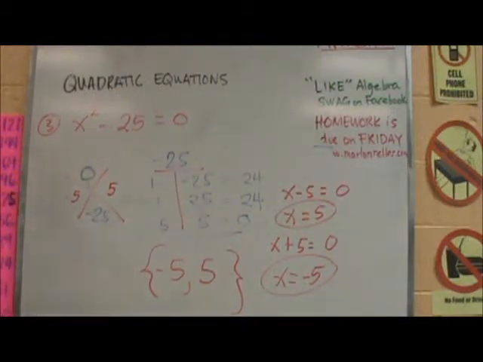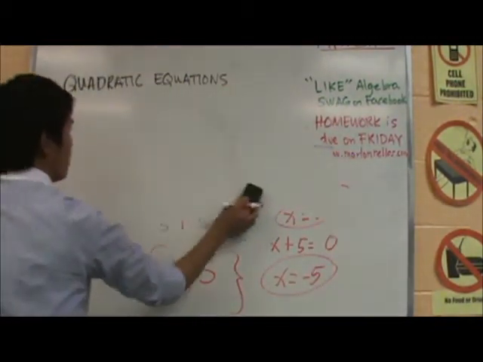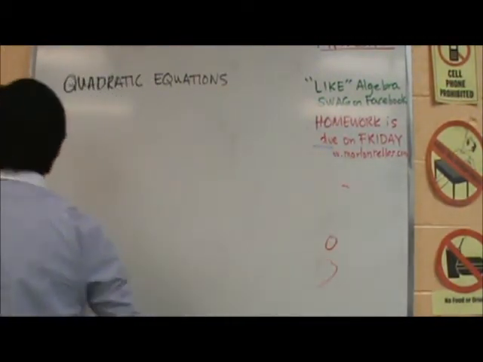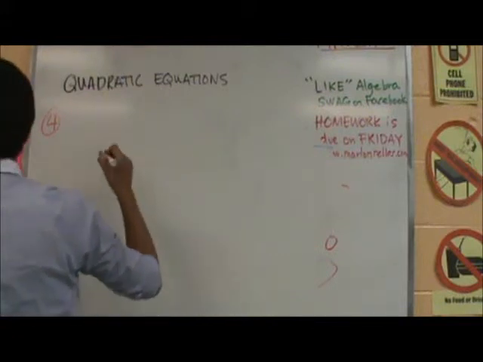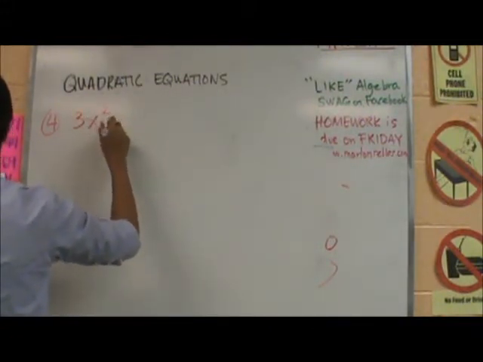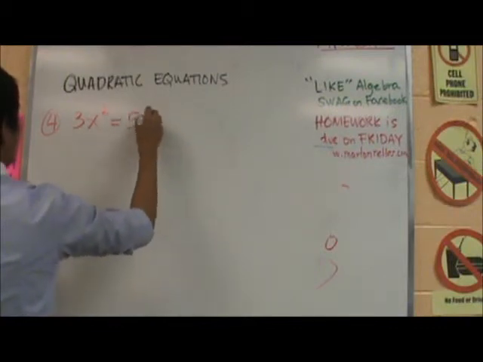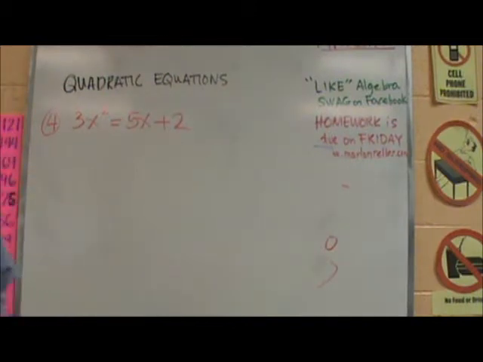Now, how about if you have number 4? How about if you have 3x squared equals 5x plus 2.